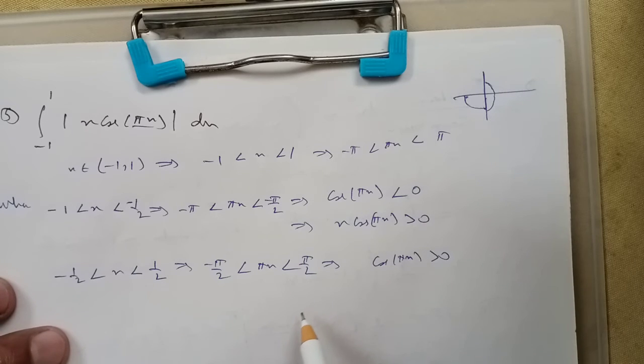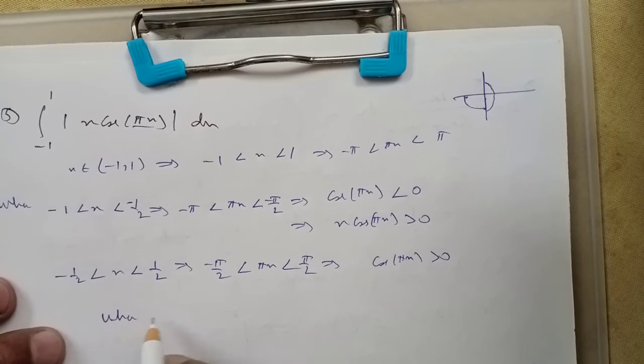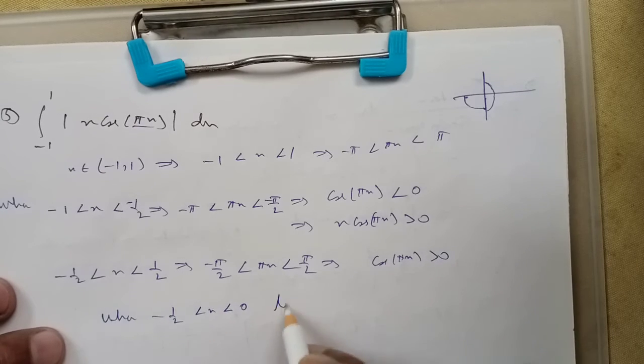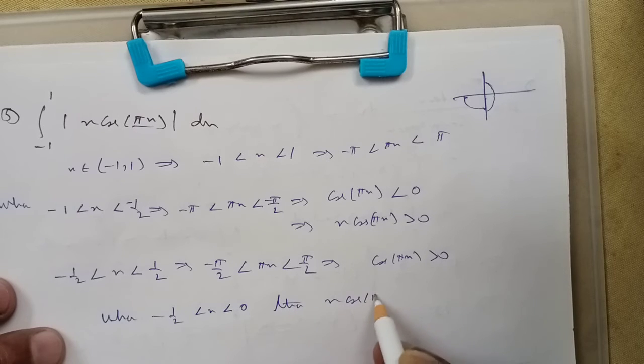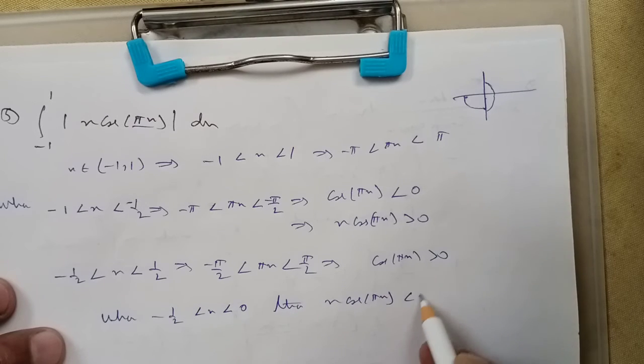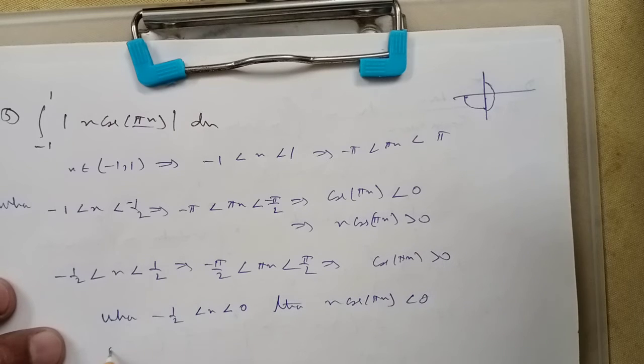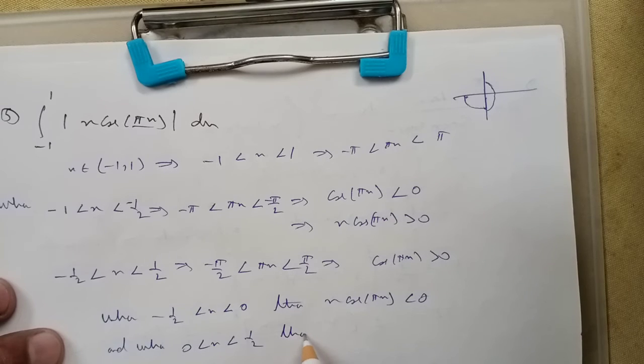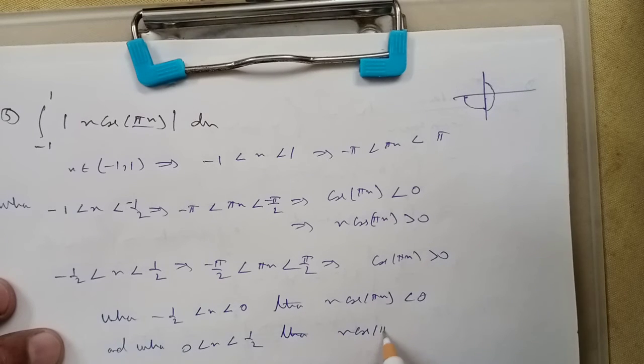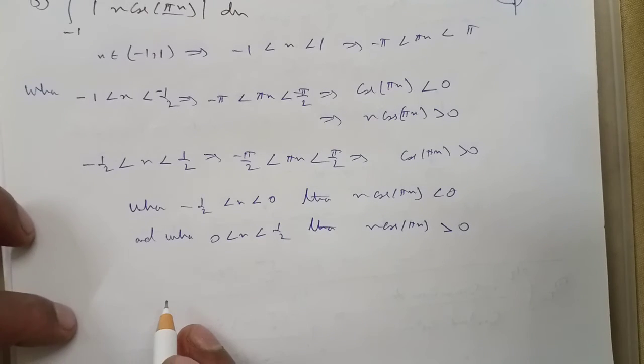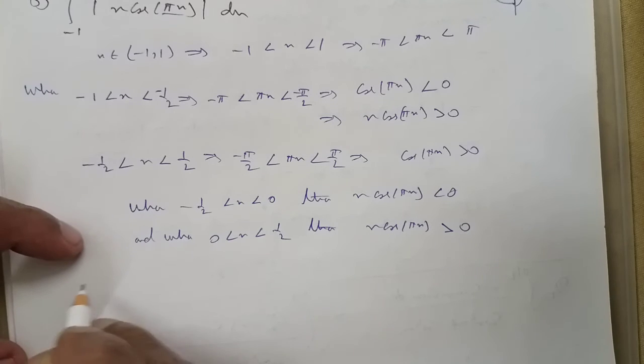So we can say when minus half is less than x less than 0, then x cos of pi x is less than 0, and when x is more than 0 and less than half, then x cos of pi x is more than 0. Okay. Next, the remaining part is half to 1.